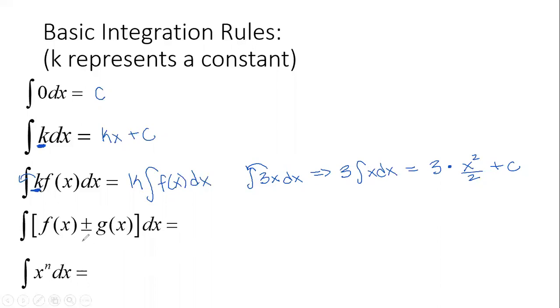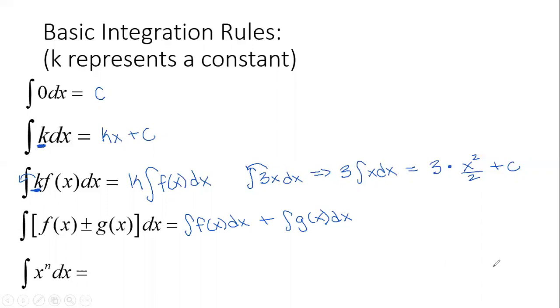Essentially, what we're going to do here is, anytime that you're adding or subtracting functions within an integral, you're allowed to break it up into multiple integrals. So in this case, we're going to have the integral of f of x dx plus the integral of g of x dx.